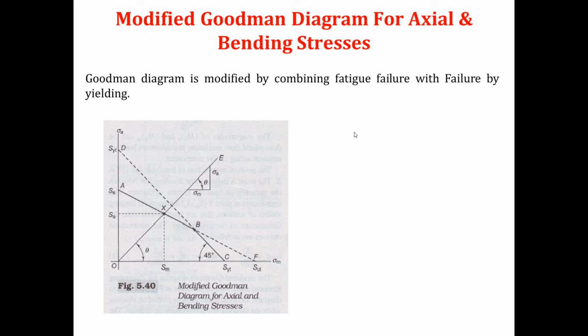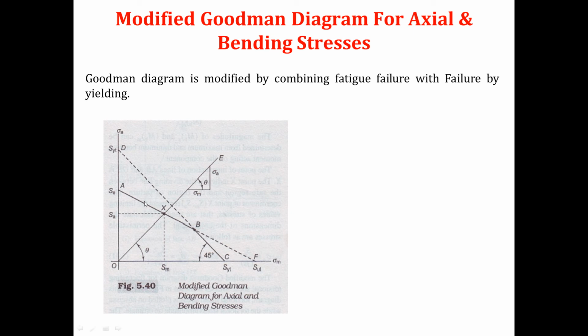If you see in this diagram, we have taken the BC portion of the yield line, and we have taken the AB portion of the Goodman line. Now the region under the OABC curve is my modified Goodman region.